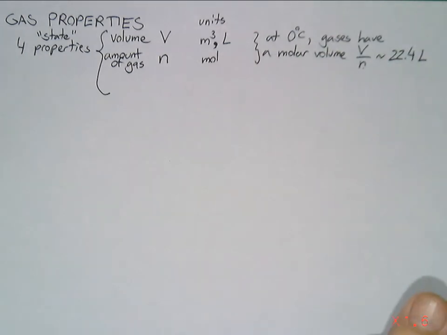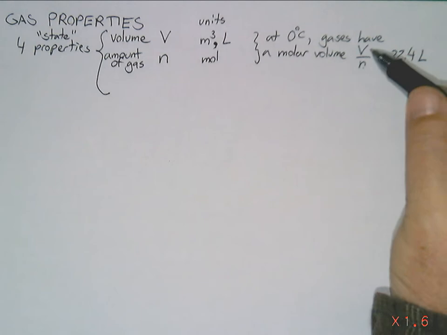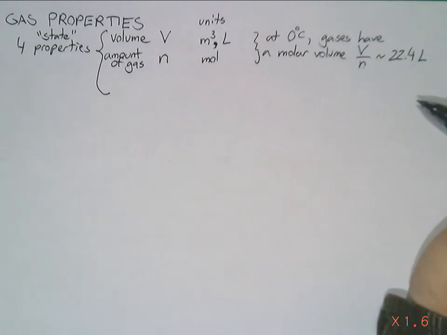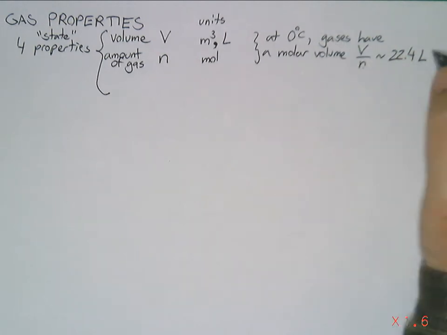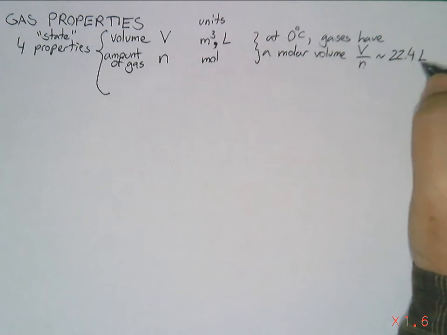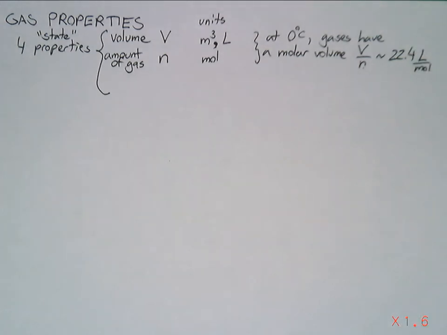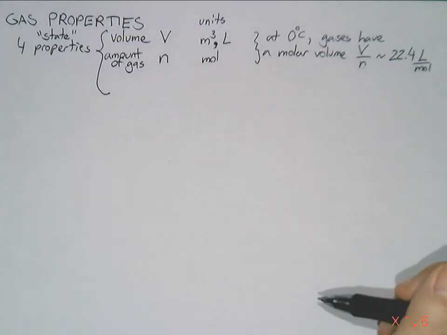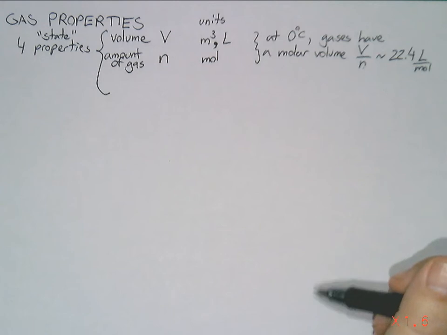Meters cubed or liters, either one. But these two aren't independent of each other. If you're at that particular temperature, you're going to have about that volume. So that 22.4 liters per mole is the molar volume, the volume of a mole of a gas at 0 degrees. So that's an example of a simple relationship between two properties of the gas.